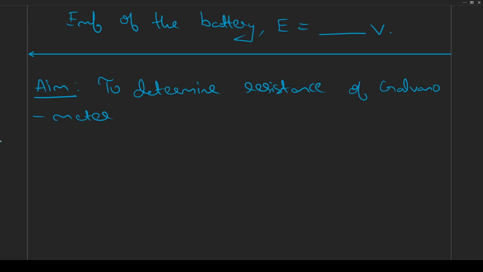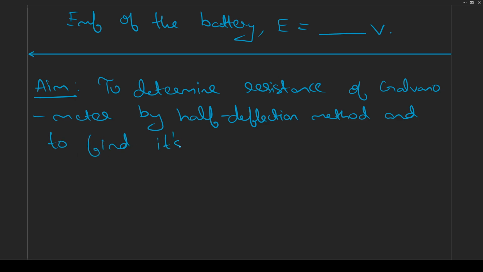The formula of the figure of merit of the galvanometer contains the resistance of the galvanometer. So to determine the resistance of the galvanometer by half deflection method, I'll explain what this half deflection method is. And to finally find its figure of merit.